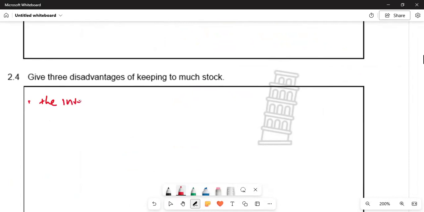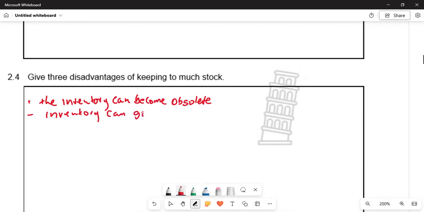The stock or inventory can become obsolete. It can expire. Also, inventory can go out of fashion. The stock can go out of fashion.